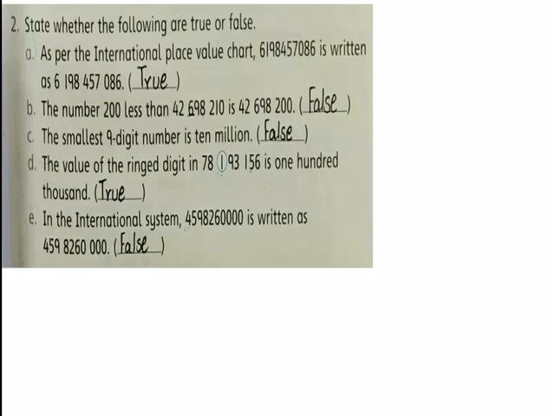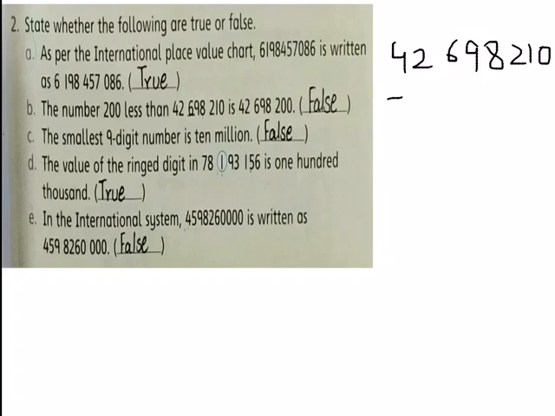Part B is the number 200 less than 42,698,210 is. Students, less than means we subtract 200 from the value, and the value is 42,698,210.